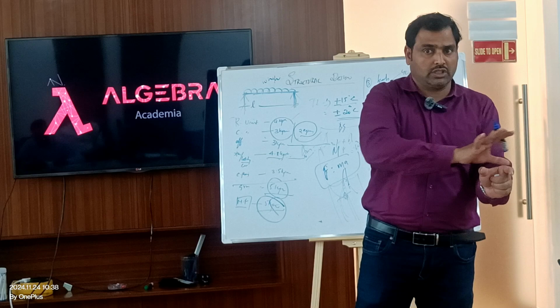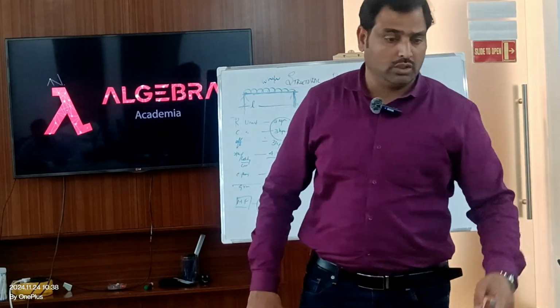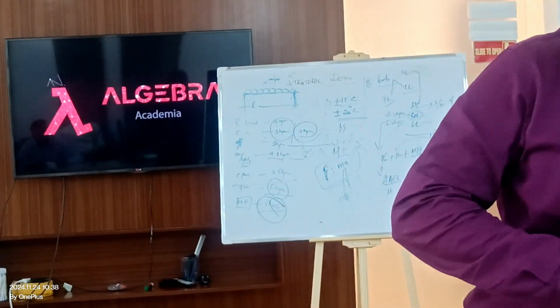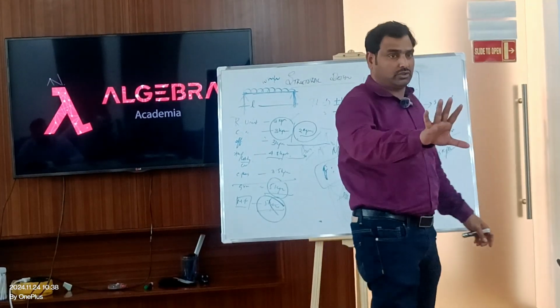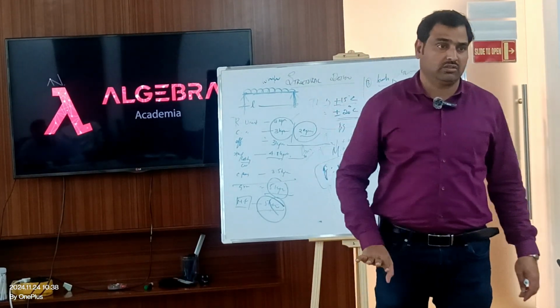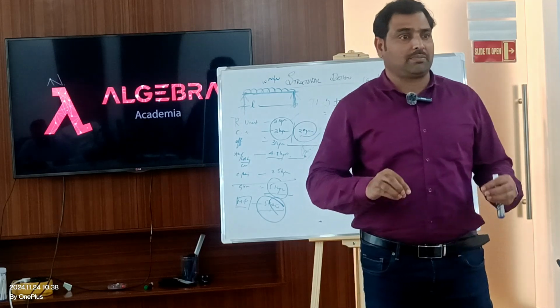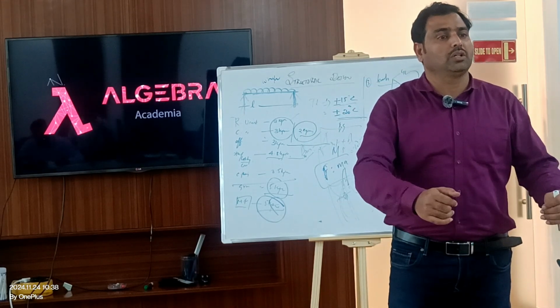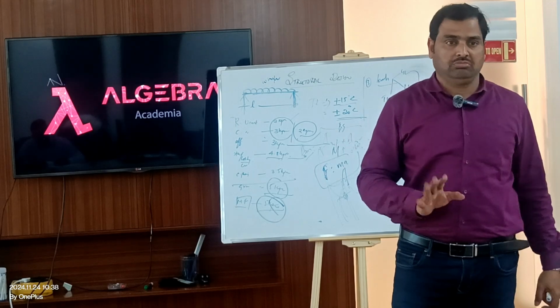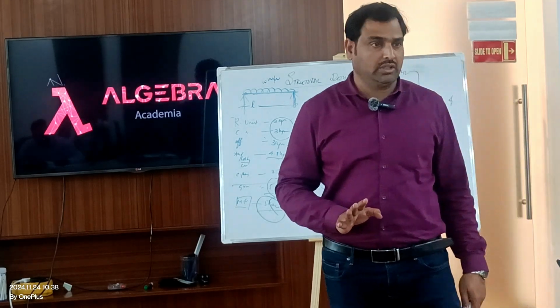If I'm limiting to 40 meters, you don't need it, but as per authority, you require it. Even if it is less than 45 meters or 40 meters, at any cost you need to consider it. You cannot avoid this. You get it?